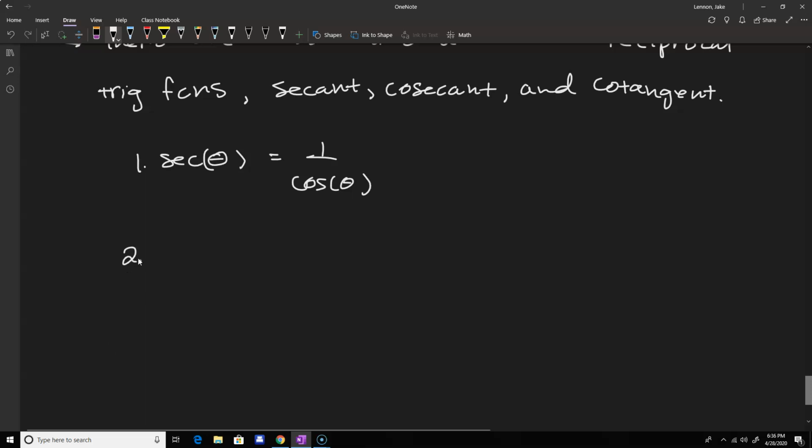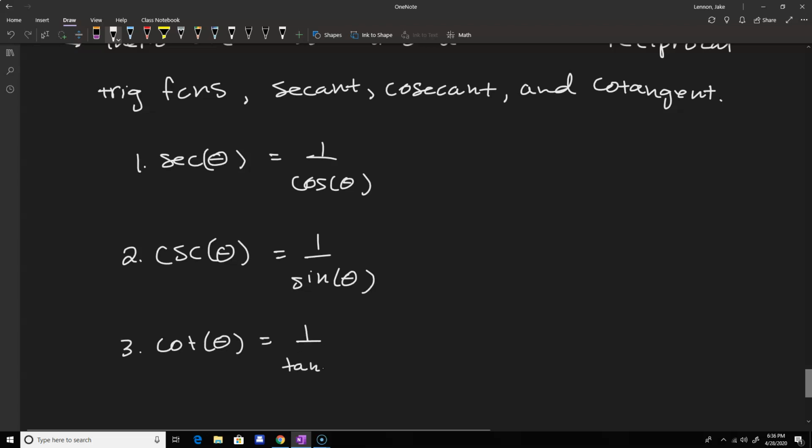The cosecant is abbreviated CSC of theta, and that is 1 over the sine of theta. And lastly, we have the cotangent of theta, which is 1 over the tangent of theta.